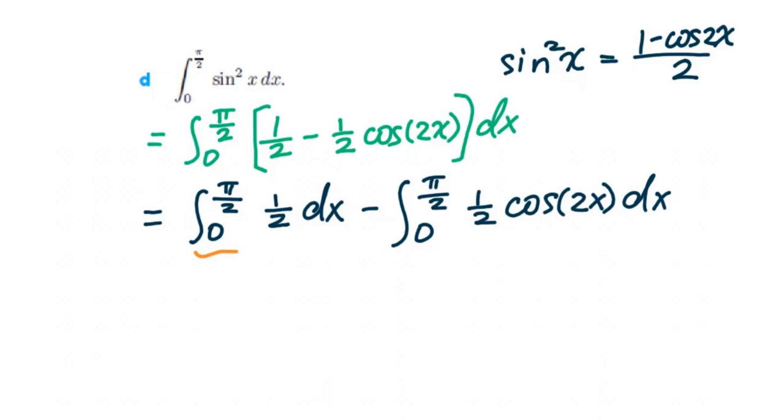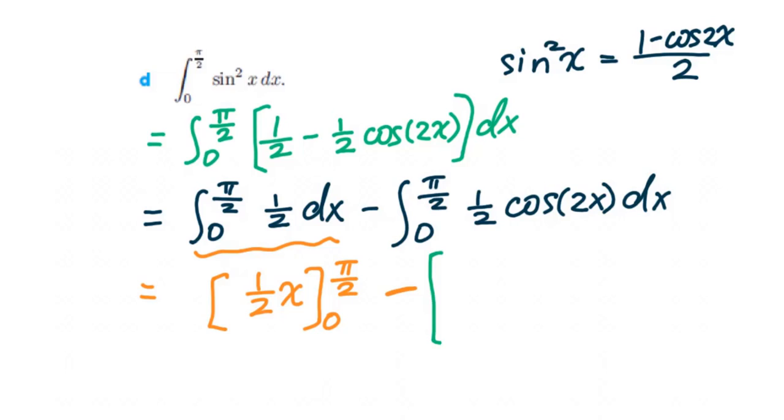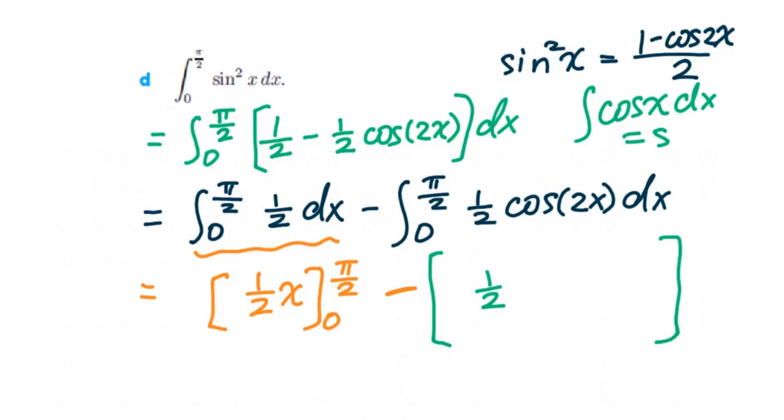For the first part, you will get 1/2 x from 0 to pi over 2, then minus. We will do the bracket. 1/2 for the integral of cosine x dx, you will get sine x plus c.